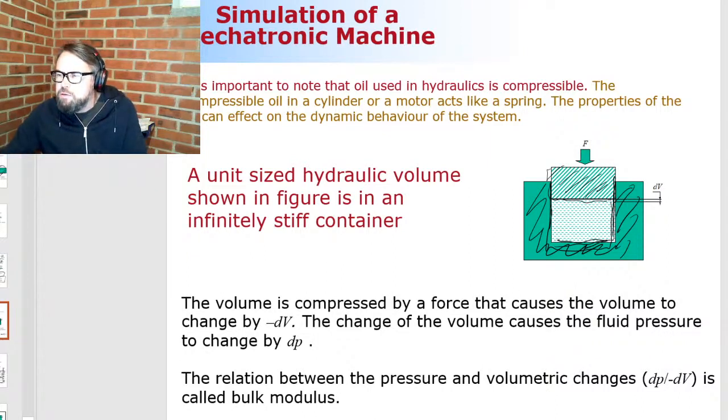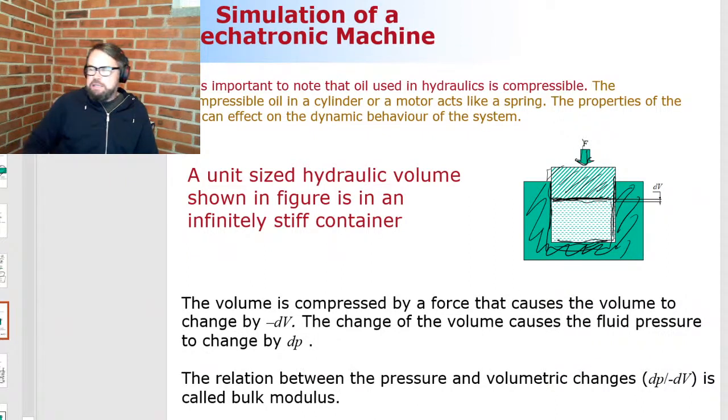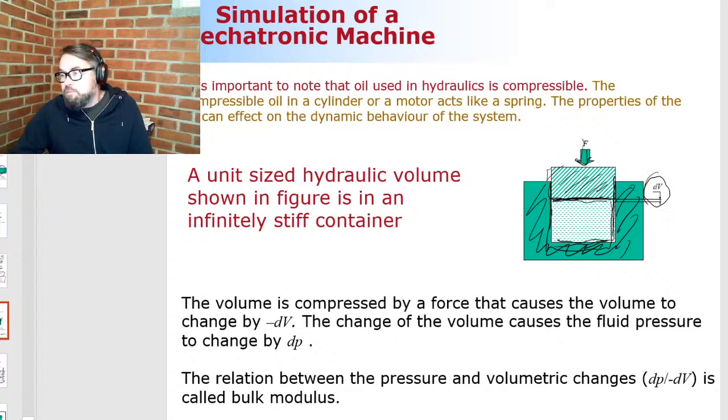And then what we're going to do is push the lid down inside this container, using quite a bit of power, something that is needed to compress the fluid. This would be enough to push the lid down. And when we do that, the volume associated with the fluid is going to decrease. How much is it going to decrease? It's going to decrease by an amount called dV. So it's a small amount.